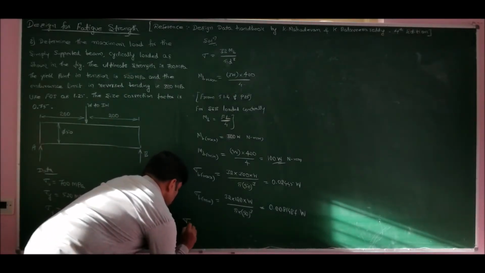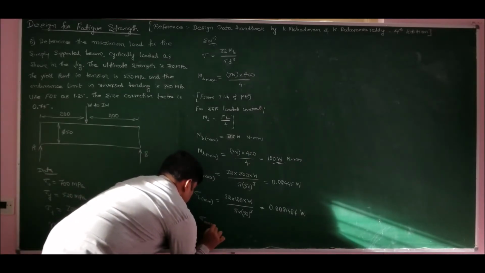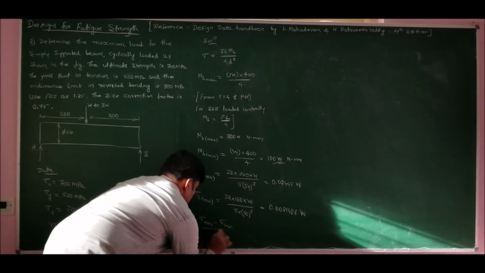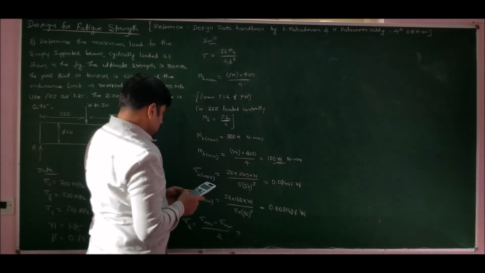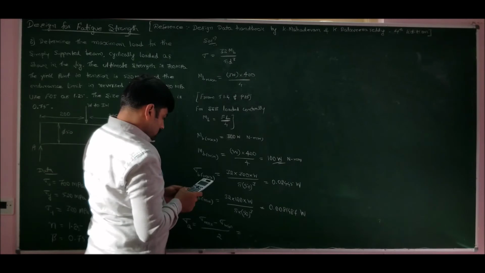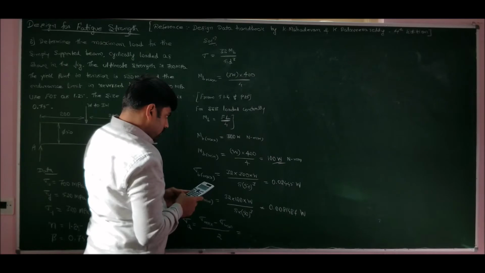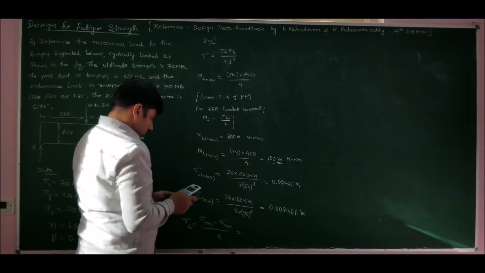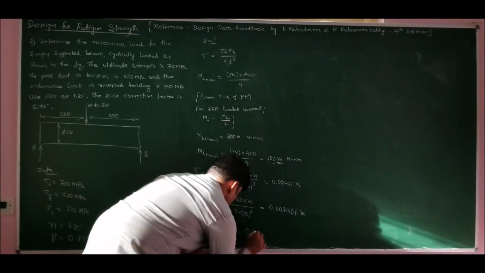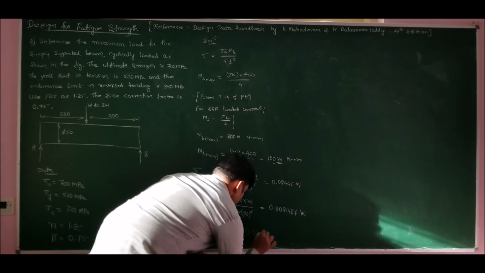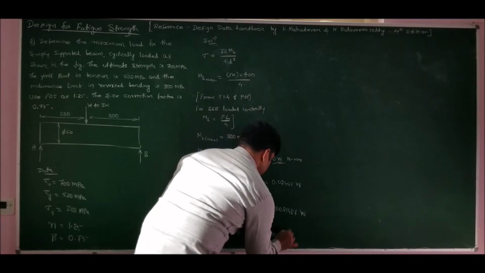Sigma amplitude is equal to sigma max minus sigma minimum by 2, which will be equal to sigma max is 0.02445 minus 0.00081487 divided by 2, which is nothing but 0.00815 W. I want to determine the W, which is unknown.